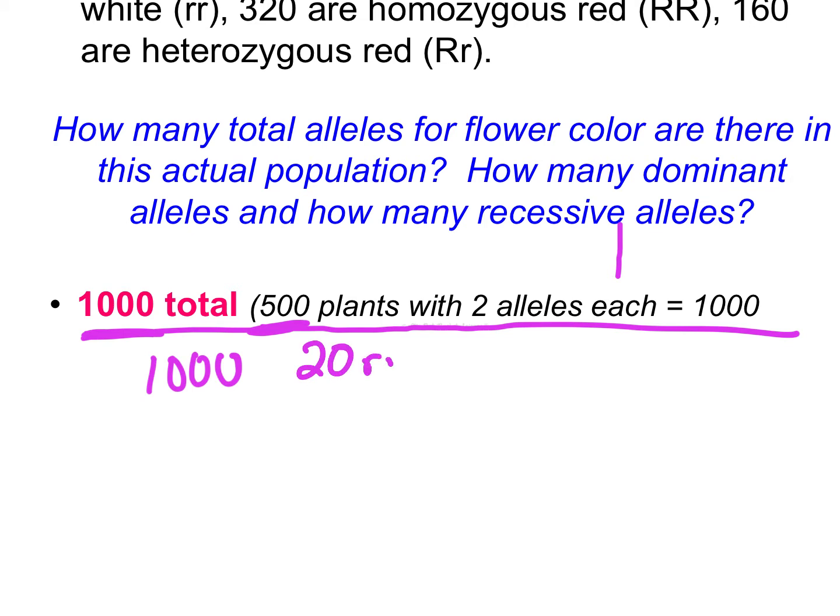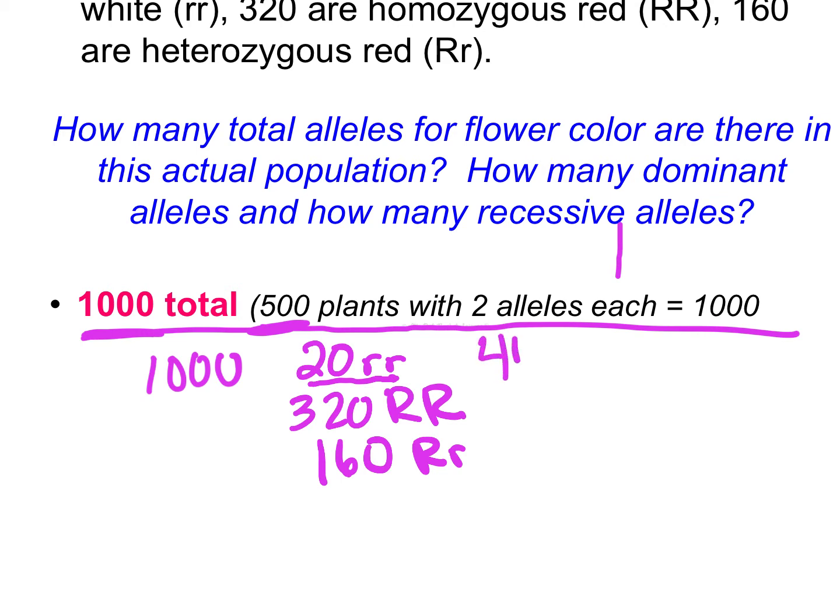20 plants are little r, 320 are big R, and 160 are heterozygous, so they're capital R, little r. If we want to determine frequency, let's talk about what it means to be heterozygous. 20 of those plants are little r, little r, meaning that there are 40 little r's to contribute to the population.